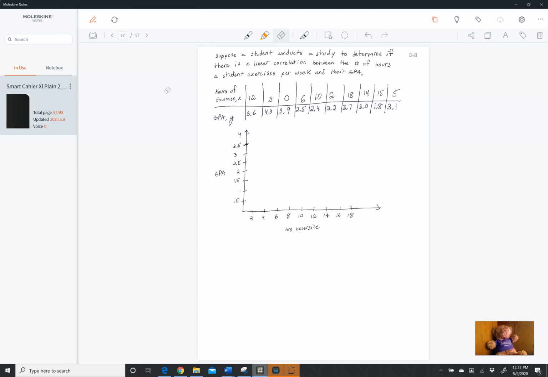Okay, and we're trying to determine, is there a correlation? Well, these are our different points. So this point is 12, 3.6, right? This point, for example, is 5, 3.1. That's how we're plotting it. These are our coordinates.